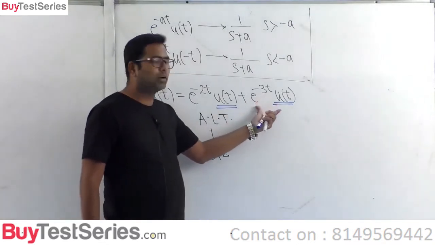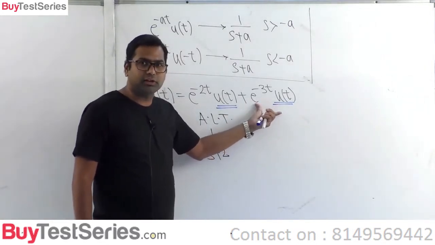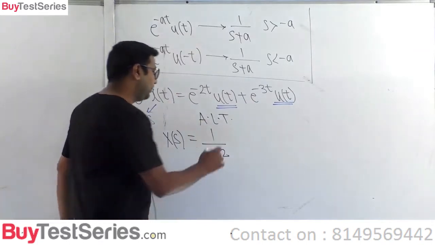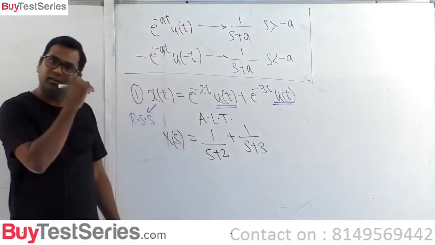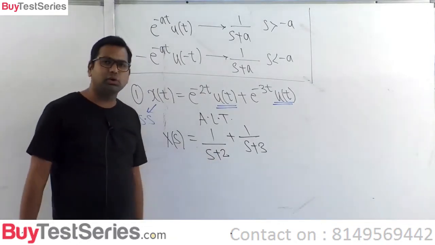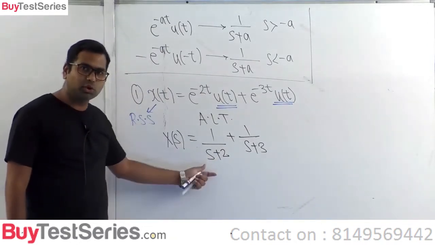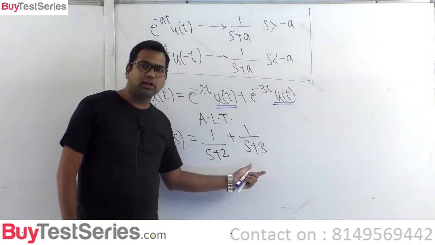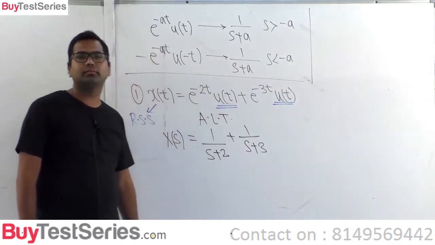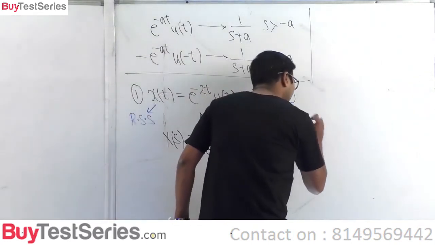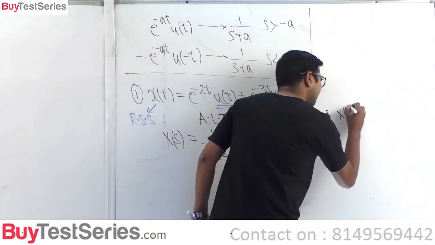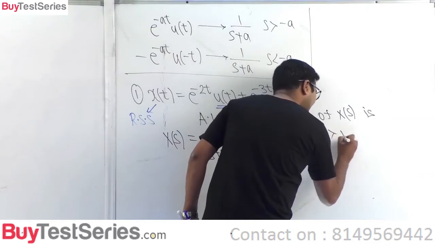Similarly, the Laplace transform for e raised to minus 3t u of t will be 1 upon s plus 3. Now, if you observe, there are two poles here. One pole is at minus 2 and the other pole is at minus 3. But since the signal is right-sided, I will say ROC of capital X of s is s greater than sigma max.